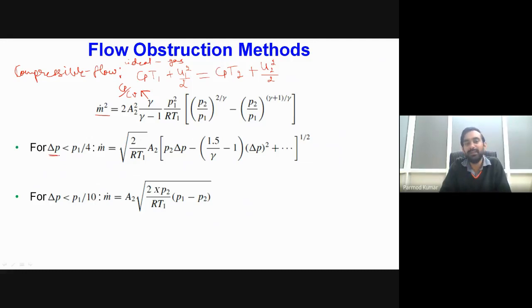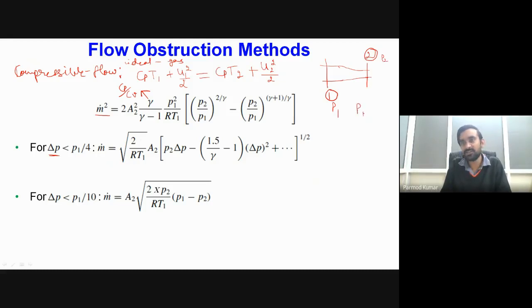Okay. Now, in this particular relation, suppose the pressure drop between our 2 points is less than P1 by 4. We have some upstream condition, corresponding to which we have pressure P1, and then after the obstruction in the flow, we have some downstream condition, with a corresponding pressure P2.